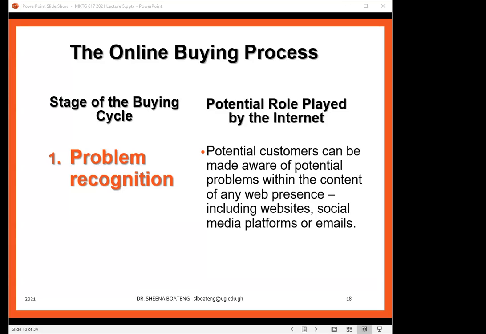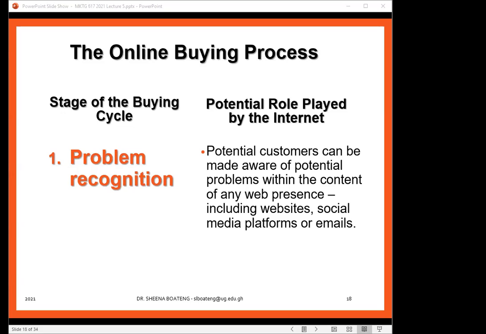So when it comes to your website, the design of your website, how you post content and information about merchandise on your website can push a customer to identify a particular need that they did not even know they had. Social media currently is another huge platform that organizations and businesses, through e-marketing, have been using to elicit the recognition of certain needs among prospective customers and online users. How many times have you been in your Instagram feed and you have seen a particular item that you did not know that you needed? You were not even planning to buy this item.